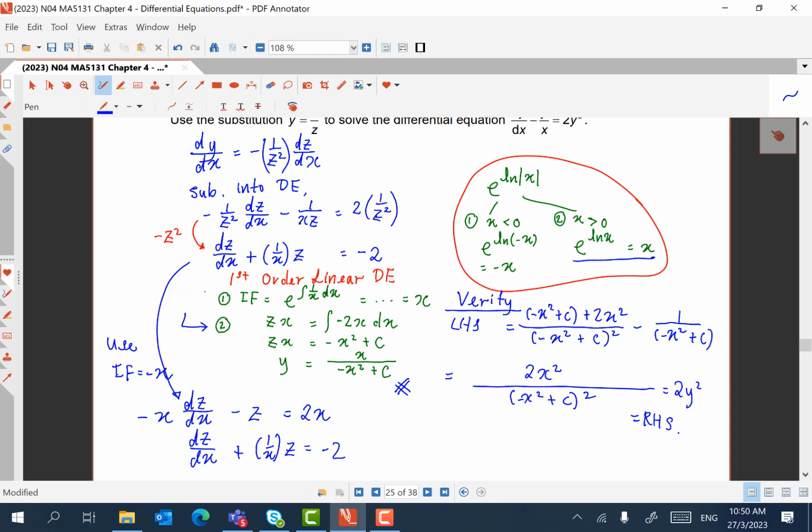In step one, I find the IF. I'm saying to you that after getting the IF, you can straightly write down step 2, the function, whether it's z or y, times the IF, and then the right hand side, integration of this and this and this. In short, I'm saying this to you.